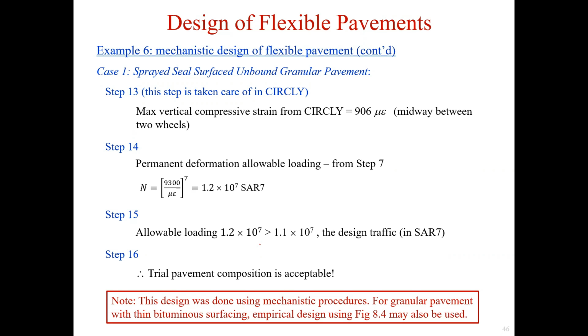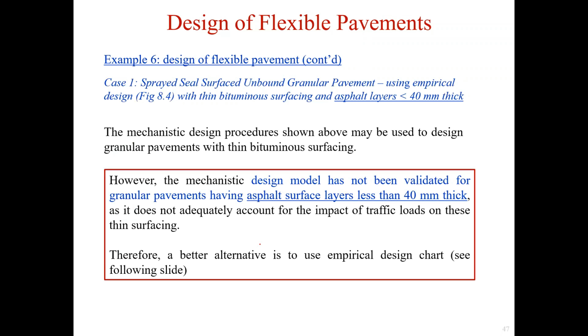For granular pavement with bituminous surfacing, we could use the empirical design chart in figure 8.4 to select the thickness of granular materials for trial design. So for flexible pavement with unbound granular material layers, which are surfaced with either a bituminous seal or asphalt layers up to 40 millimeter thick, we could follow the mechanistic design procedure.